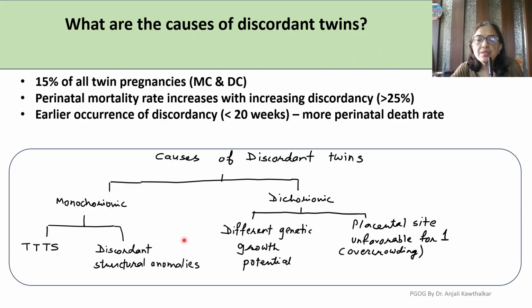This will lead to the difference in growth, that is called discordancy. With dichorionic, different genetic growth potential can be there, or the placental site is unfavorable for one baby as compared to the other because of overcrowding, and that can also be the reason for this discordant growth even in spite of having a dichorionic pregnancy.